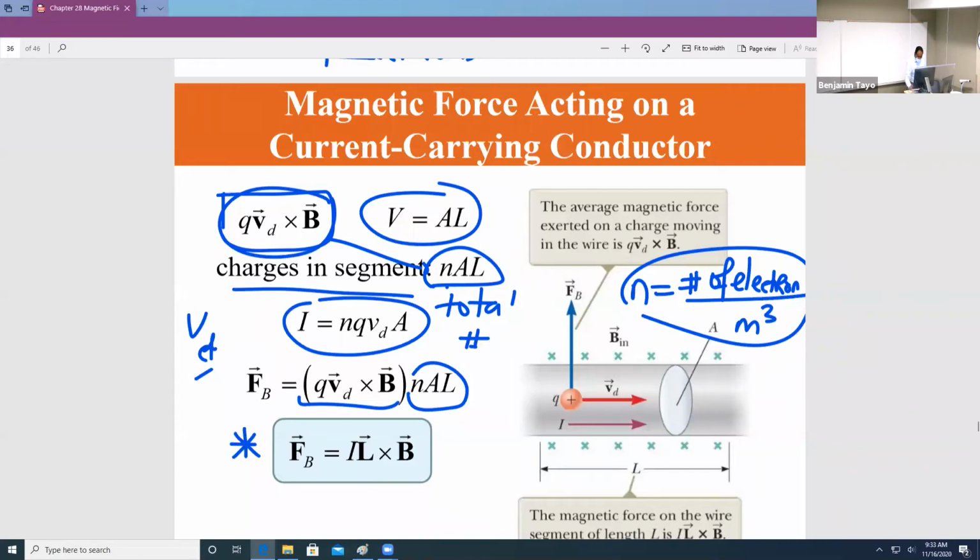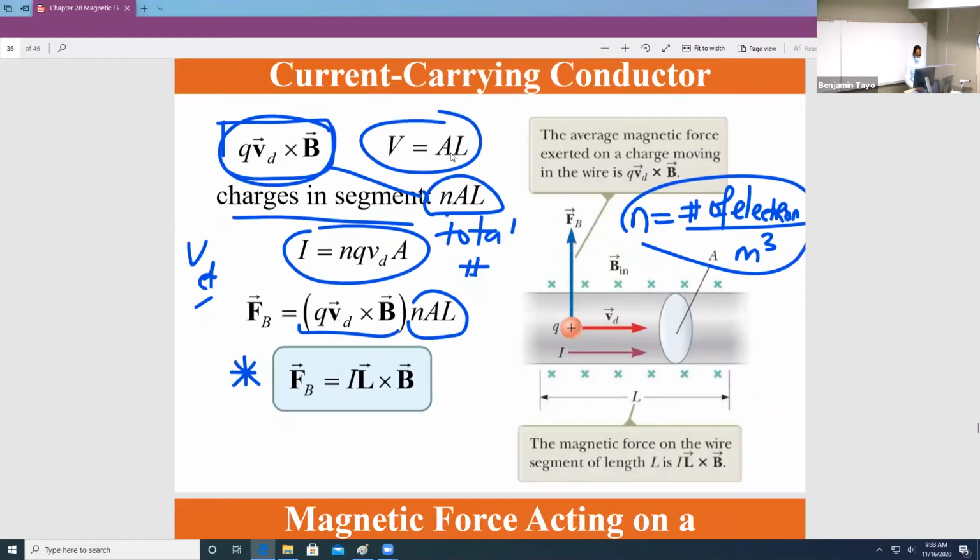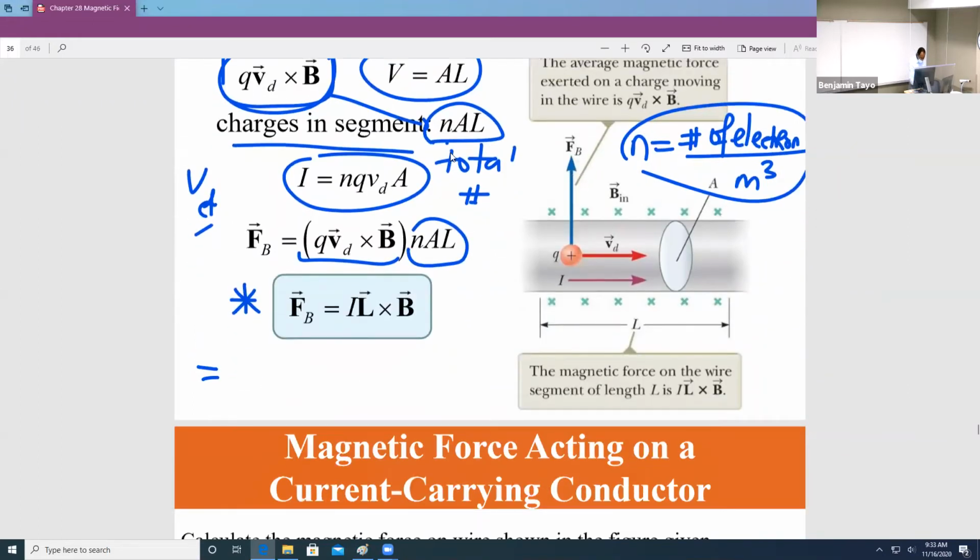So there's two ways that you can write this equation. For example, you can write this equation as L cross B times I, or you can also write it as I times L cross B, which is the same thing. So if you want to use the first, you're going to focus on the current vector.